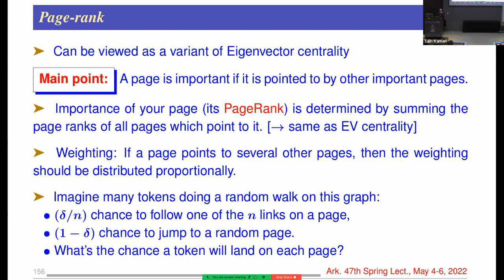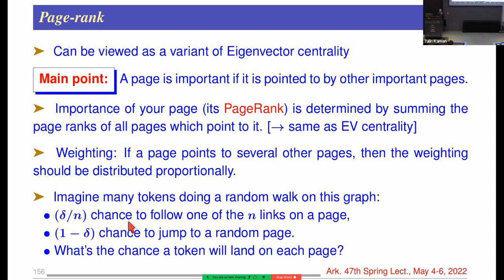Okay, and then imagine that you have tokens that are doing a random walk in the graph, and they will jump from one node to the next as follows. So you're visiting web pages, and you visit the next page with this sort of probability here.